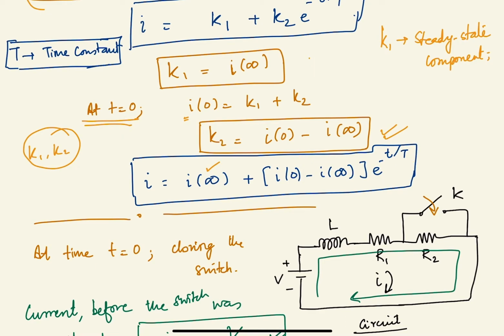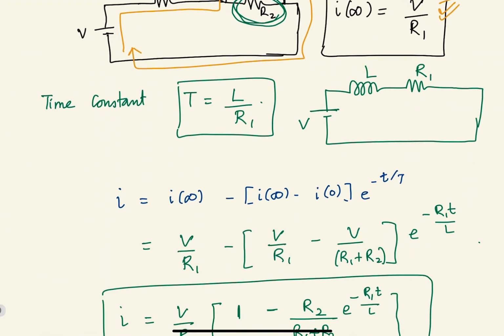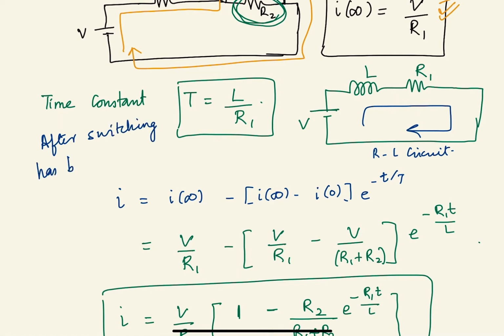So in an RL circuit, like the circuit shown in this figure, the time constant of this circuit after the switching has been performed is equal to L divided by R1.